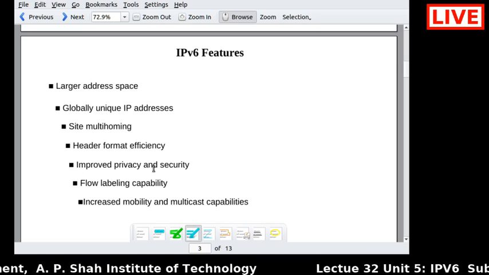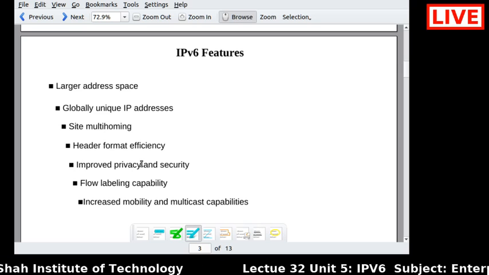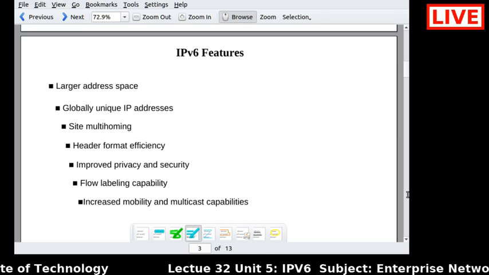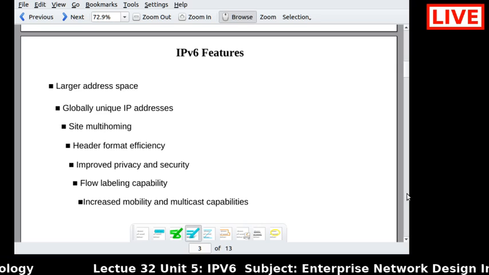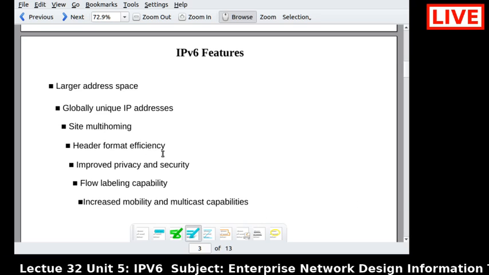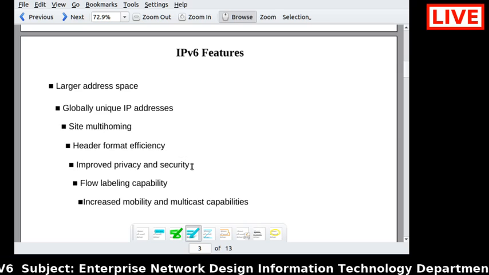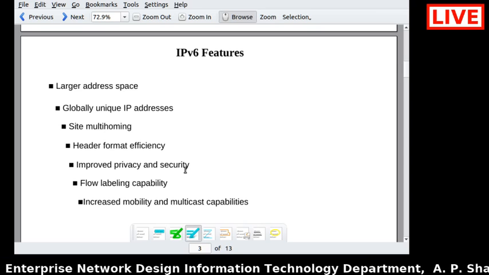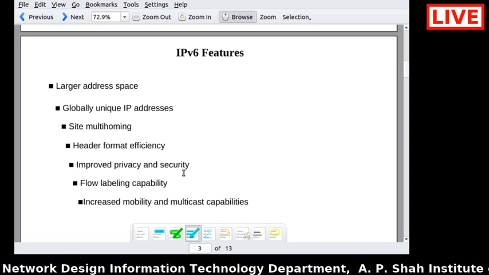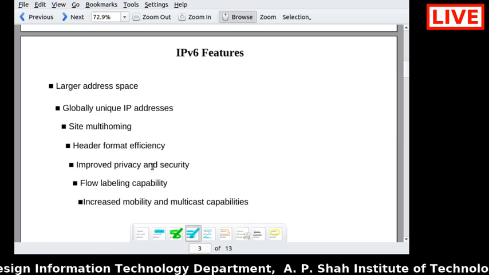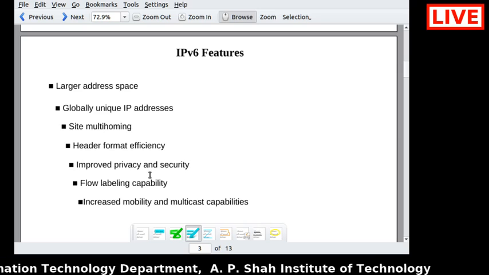But in IPv6, IPsec is mandatory, right? And IPv6 also has some security headers. So in that respect IPv6 is improved over IPv4 with respect to the privacy and the security part, right?